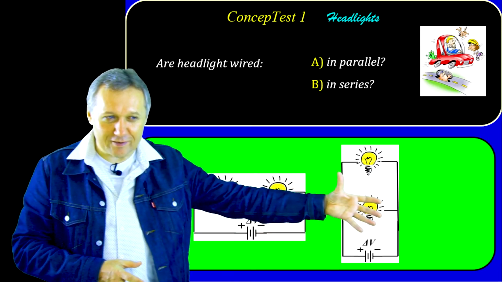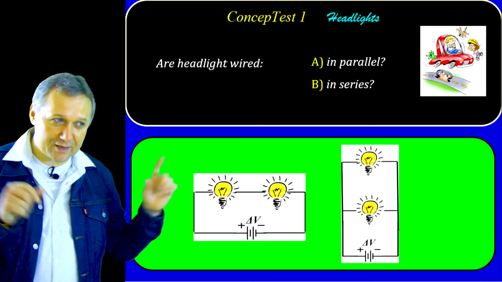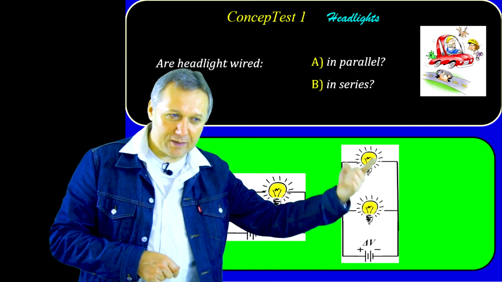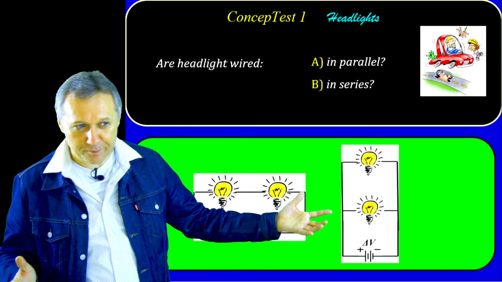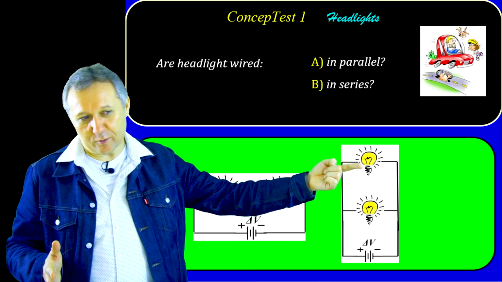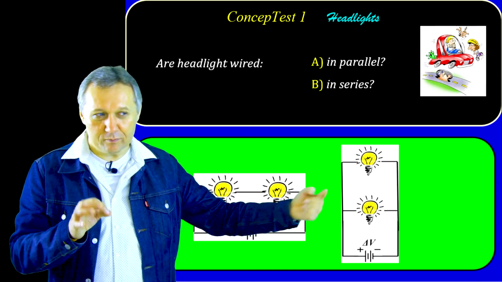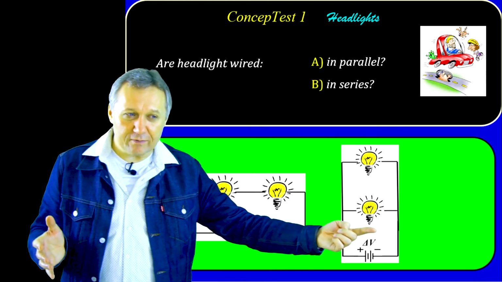Now let's discuss the second case, when we have two bulbs connected in parallel. In this case we have two loops, this smaller loop and that bigger loop. If one bulb gets burned out, let's say the top one, the current to this bigger loop disappears, but we still have the smaller loop.